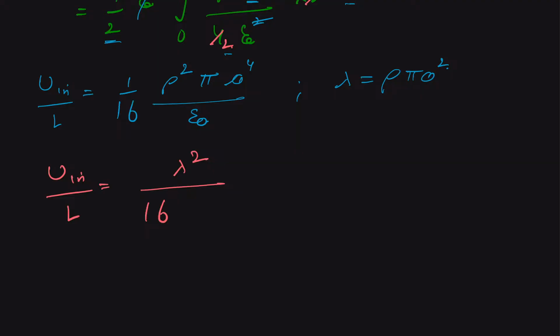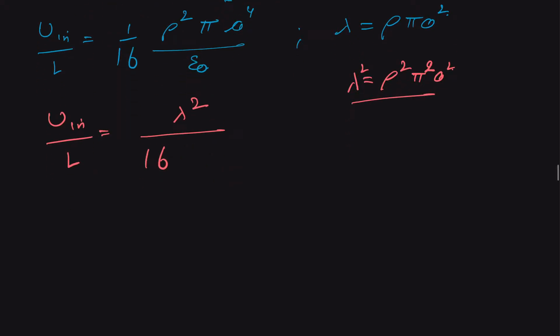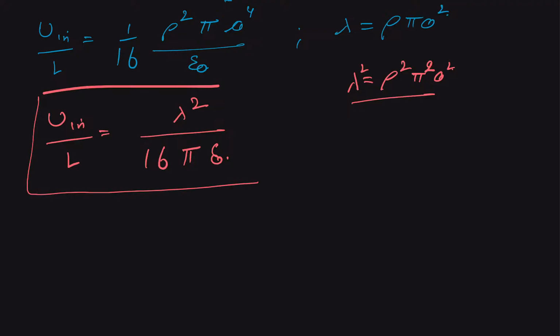Okay, we substitute it entirely: lambda square will be equal to rho square pi square a square, so we need a pi in the denominator, and this will be epsilon naught. So this is our energy per unit length inside the cylinder.